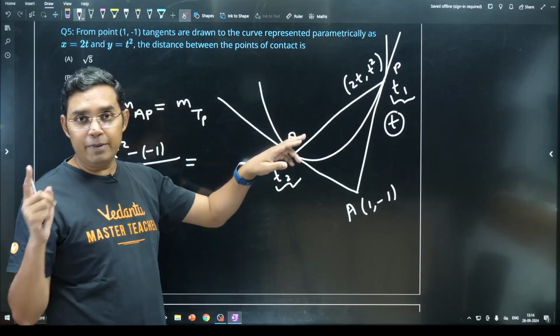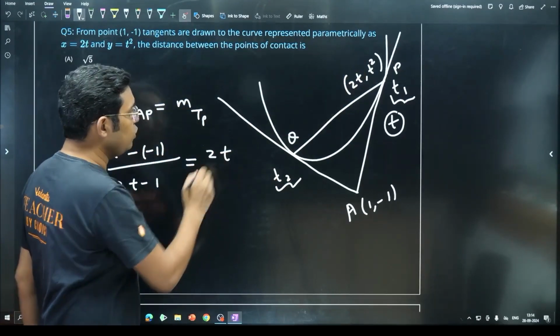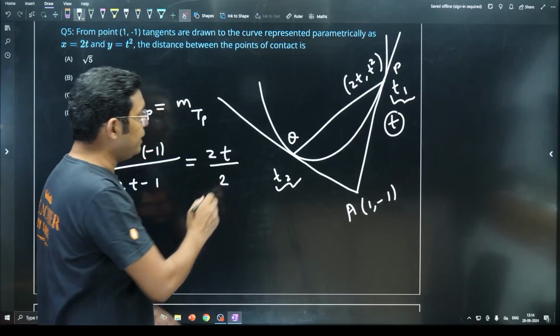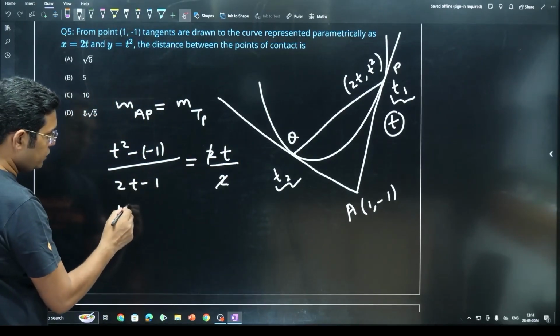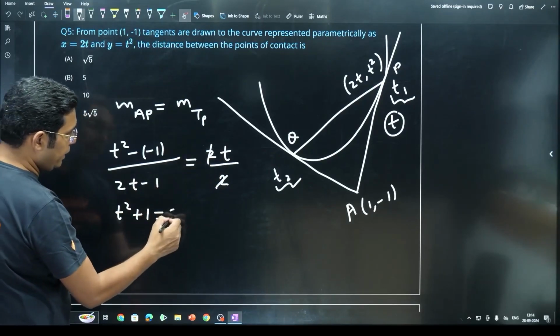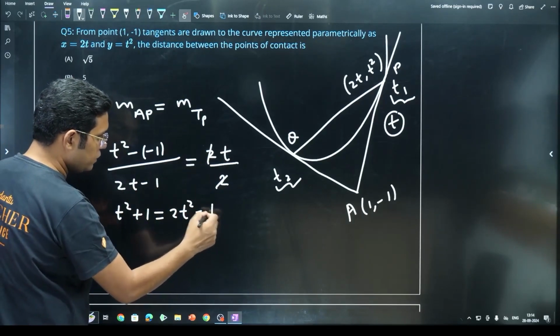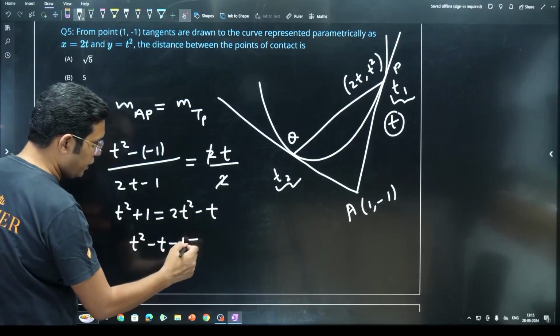So we can do the parametric differentiation, dy upon dt, that is 2t in the numerator, upon dx upon dt, that is 2 here. So that is what we are getting, t here, and that will be t square plus 1 equal to, this t will be multiplied here, so 2t square minus t. So we get a quadratic which is t square minus t minus 1 equal to 0.